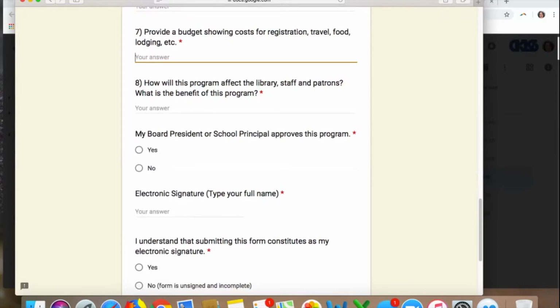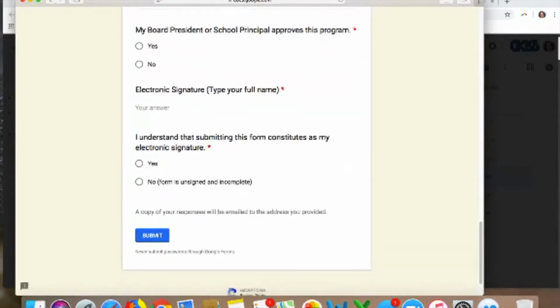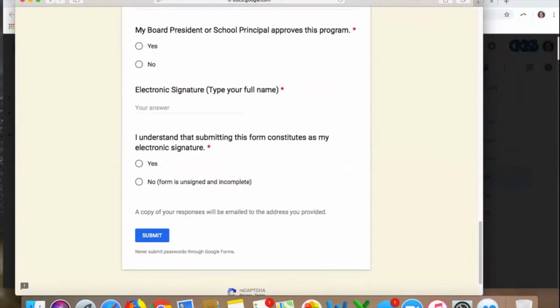How will this program affect the library, staff, and patrons? What are the benefits? And then this is something new we've asked as well, because we're asking for electronic signature. We don't ask for a board signature as well, but I do ask, does your board approve of it, or does your school principal approve of it? So that's how we've changed this one.